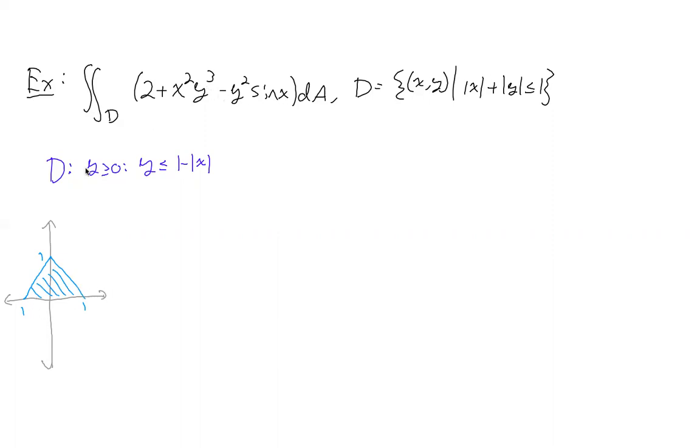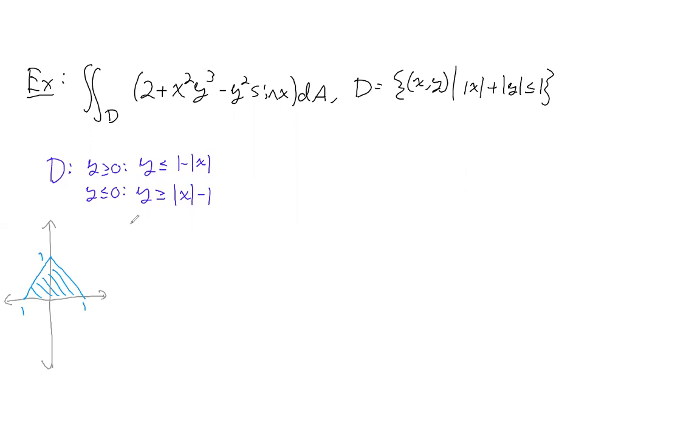On the other hand, if y is negative, that means that y is going to be greater than or equal to absolute value of x minus 1. Right? Why is that?